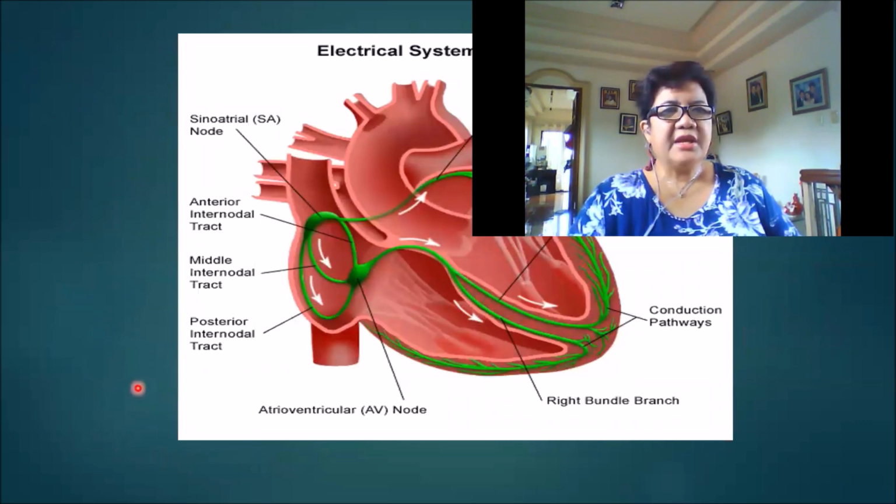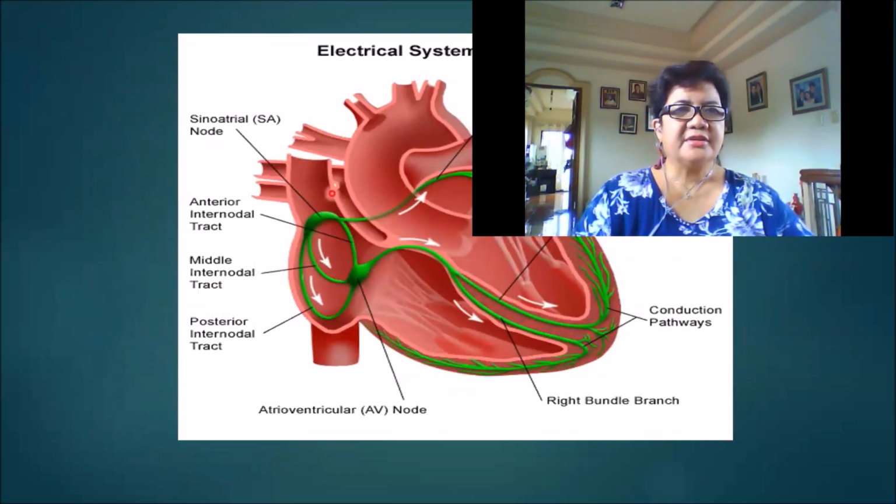So you have it here, you have your sinoatrial node, or the pacemaker of the heart. Normally, all signals should start from the SA node. Then it will be distributed down to the middle internodal tract, to the posterior internodal tract found in the right atrium.